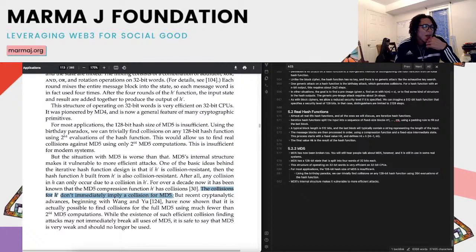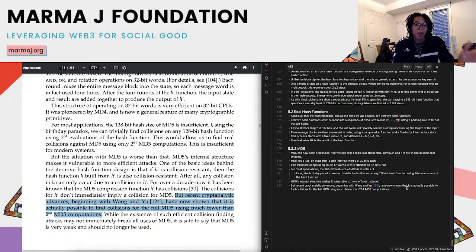But recent cryptanalytic advances, beginning with Wang, have now shown that it is actually possible to find collisions for the full MD5 using much fewer than 2^64 MD5 computations. While the existence of such efficient collision-finding attacks may not immediately break all uses of MD5, it is safe to say that MD5 is very weak and I think should no longer be used. The paper can be read here. I mean, it's not even going to link out properly for us, but I'll leave it there.